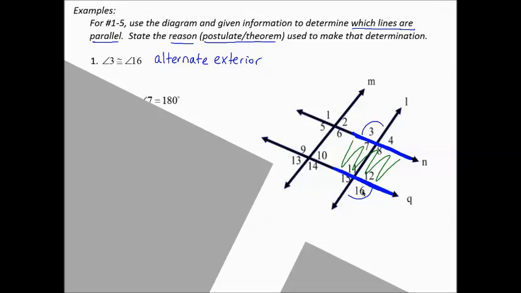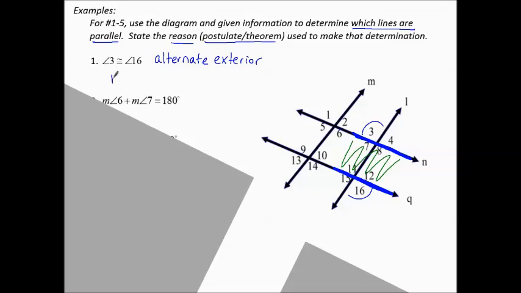So this would give us, for which lines are parallel, that N is parallel to Q. And our reason is our alternate exterior angles converse, because it's helping us determine that the lines are parallel.